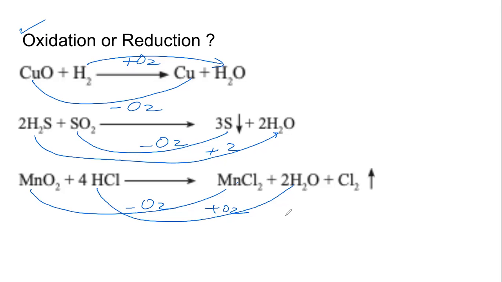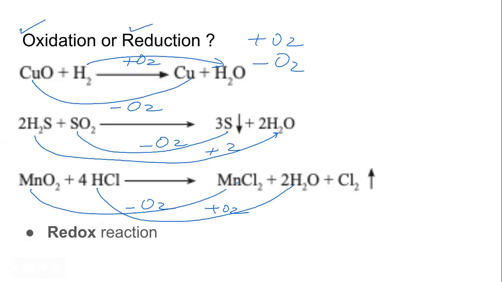So in these examples, we are doing both. We are adding oxygen and we are reducing oxygen. We are having oxidation, we are having reduction also. And such reactions are called redox reactions.